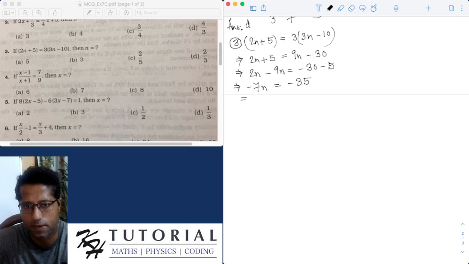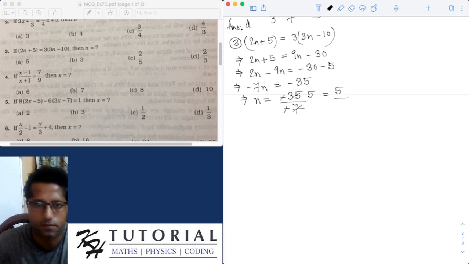So minus 7n equals minus 35, so n equals minus 35 divided by minus 7. The minus signs cancel, 7 divides 35 five times, so n is 5. So the correct answer is choice A.